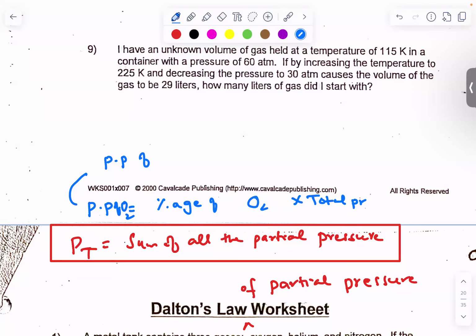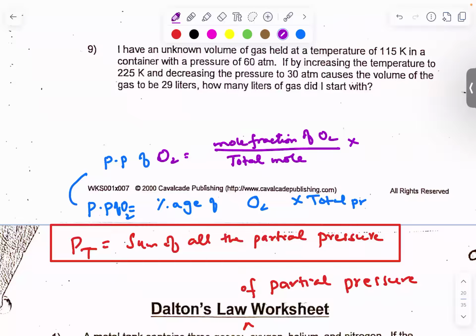This is not the only formula which is going to be used. There is another formula. Partial pressure of oxygen could be equal to the mole fraction of oxygen, moles of oxygen divided by total moles, times TP, that is total pressure.